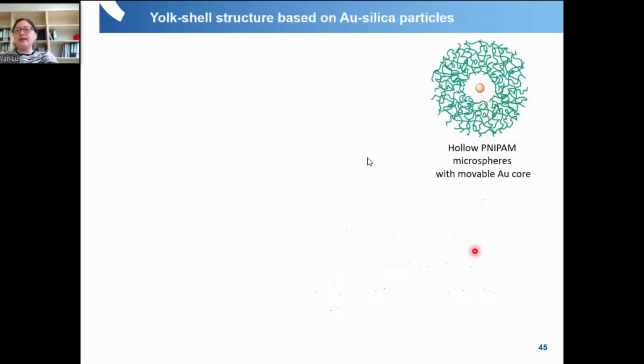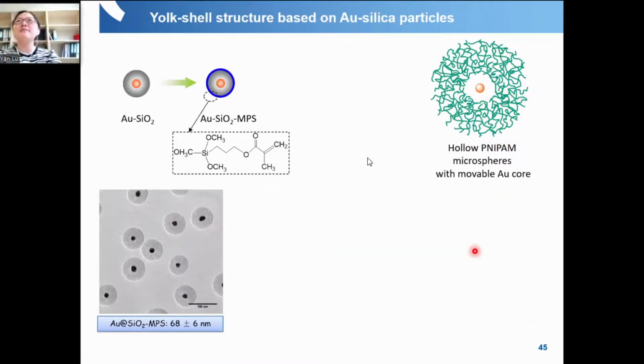So then later, when we think about the catalytic application, of course it's even better if you can have an isolated gold nanoparticle surrounded by polyNIPAM networks. In that case, we can start with a gold-silica core-shell particle, then coat the silica with MPS, as I mentioned.